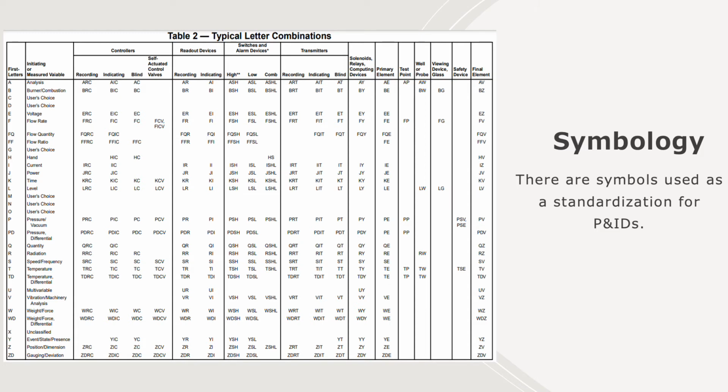Symbology. We have some symbols used as a standardization for all P&IDs, used in chemical processes, or actually every process. This is done so that every chemical engineer, or every engineer who runs the plants, can understand the diagram. For example, let's say that a process engineer of our organization gets fired and we need a new engineer.